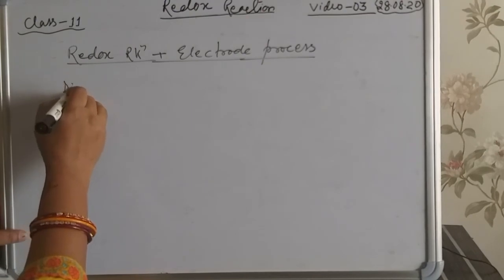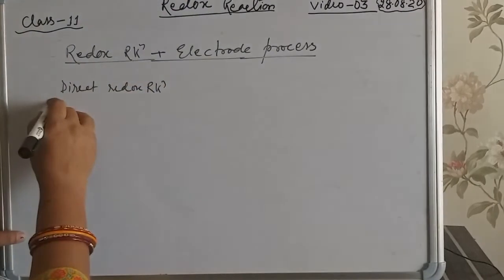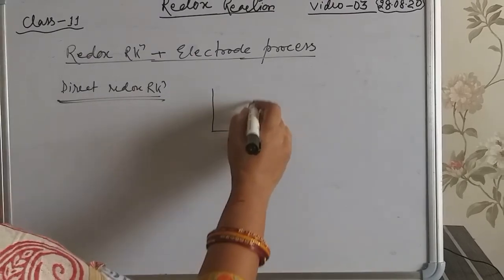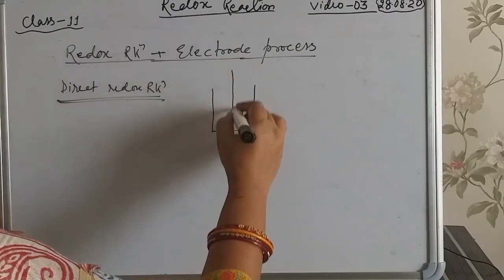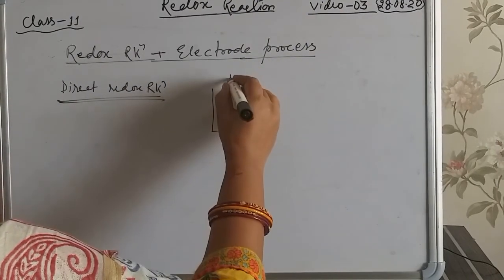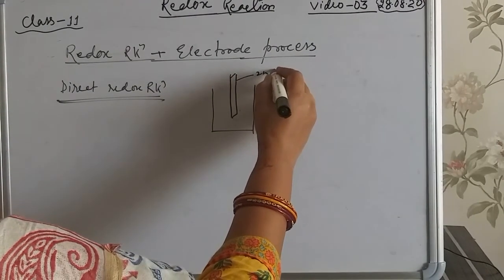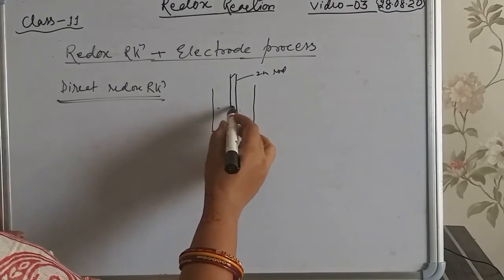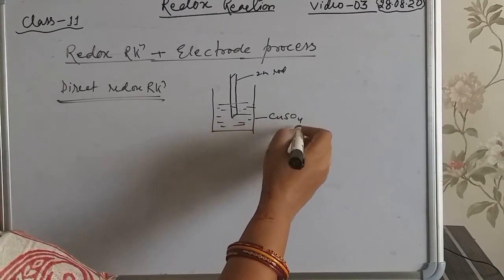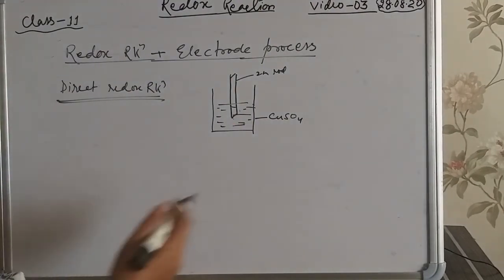One is the direct redox reaction: when a zinc rod is placed in copper sulfate solution, there is a transfer of electrons from zinc to copper and heat is evolved.